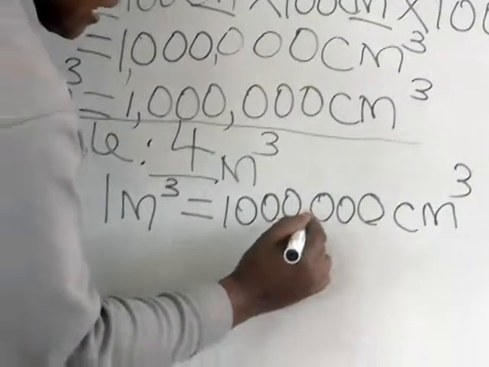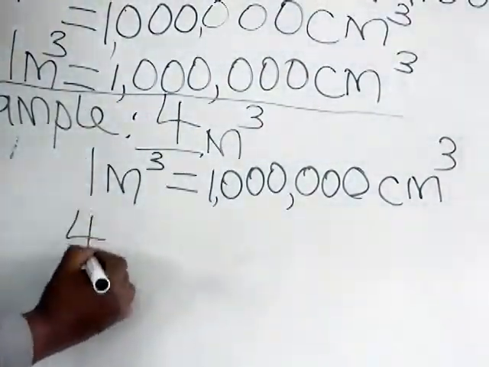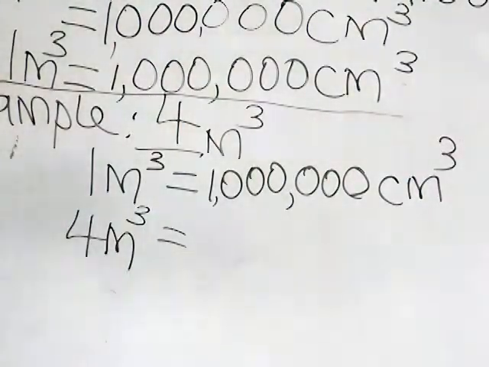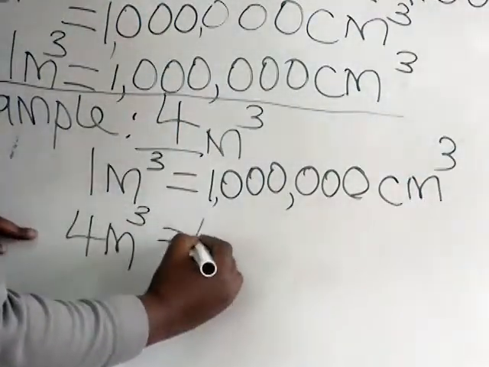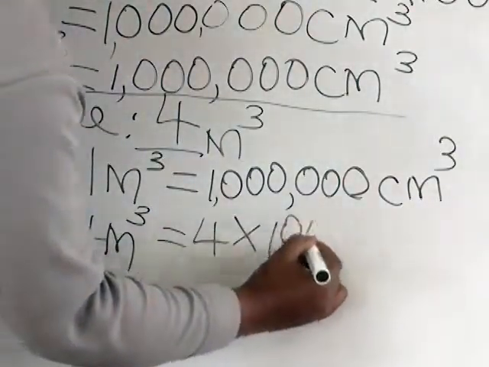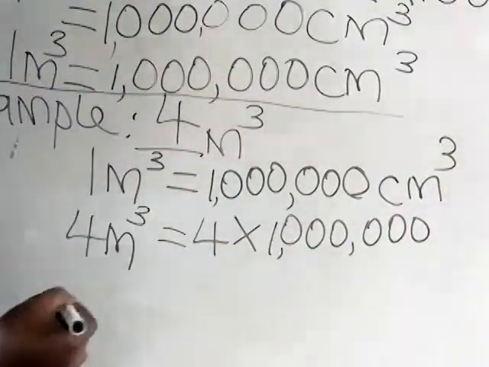So put your commas again, don't forget. We are being asked to change 4 meters cubed into centimeters cubed. So we will write here 4 times 1 million, with your commas again.